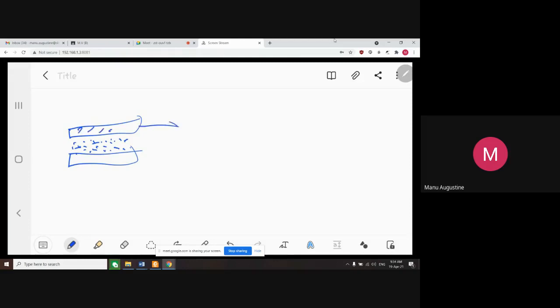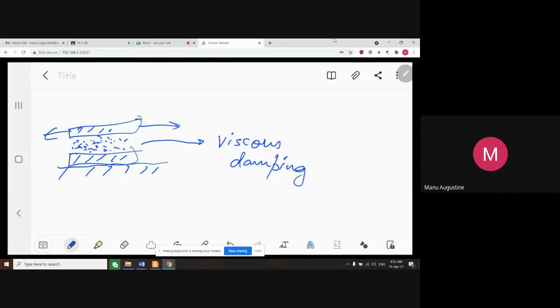So, if you are trying to move one solid object relative to another solid object, and there is some fluid having some viscosity between the two surfaces, then the external resistance offered by the viscosity of the fluid comes out as viscous resistance or viscous damping. So we can conclude that viscous damping is a kind of external resistance which comes into the system which you are trying to vibrate or oscillate.